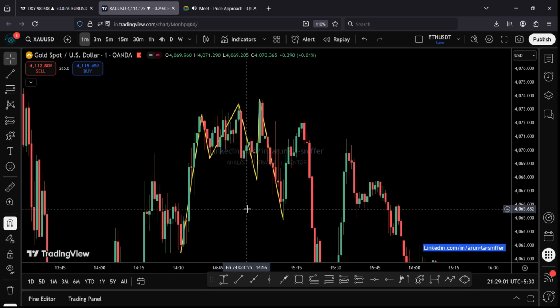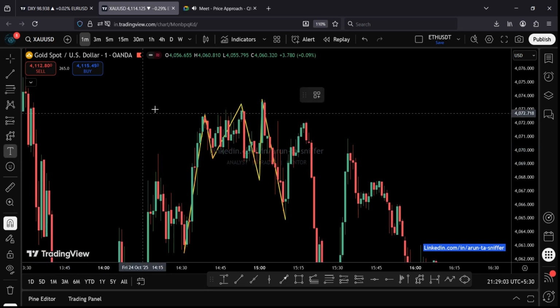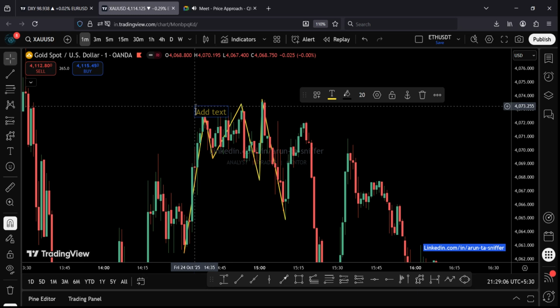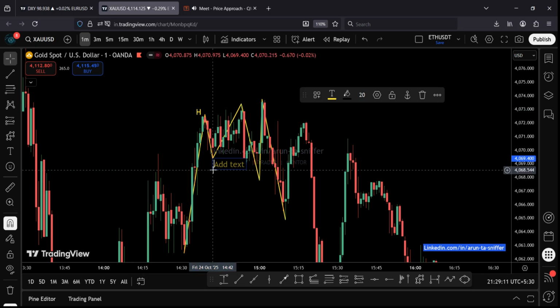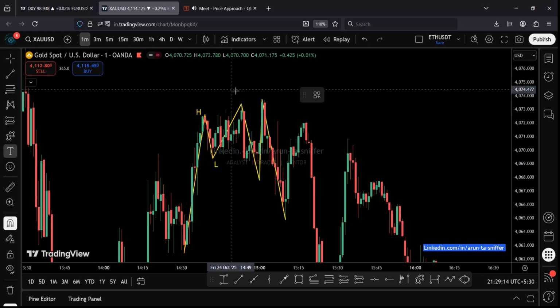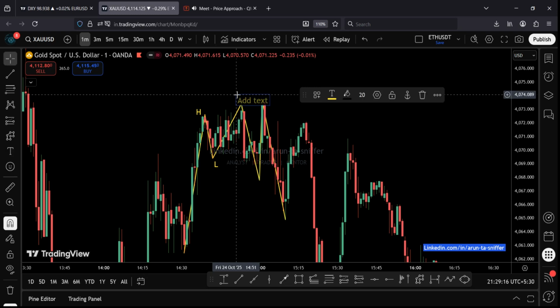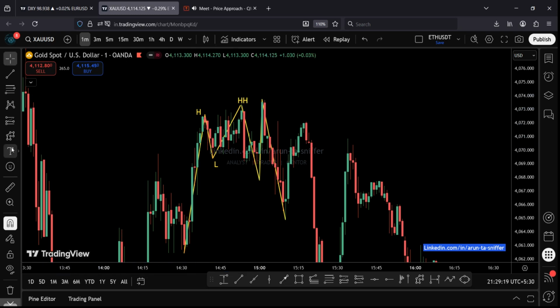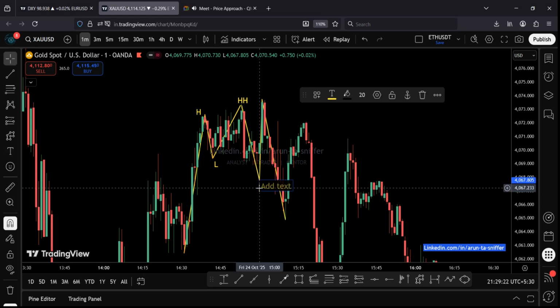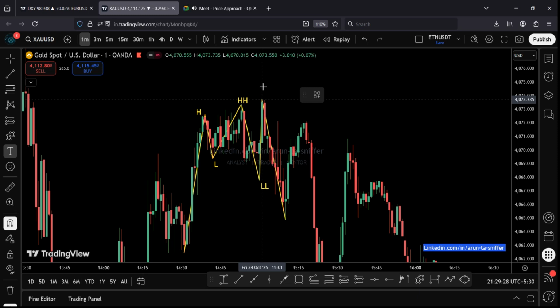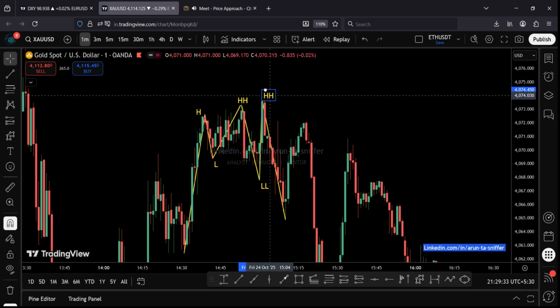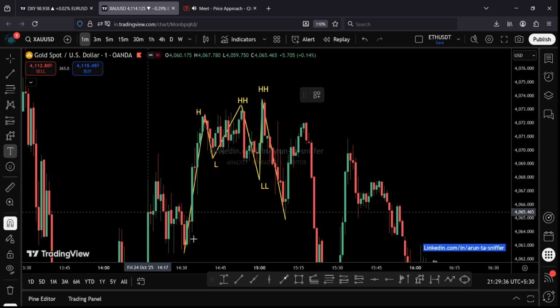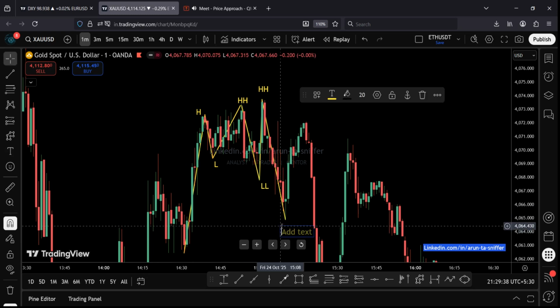So let's label it. This makes high, low, higher high, lower low, then again makes a higher high, and then lower low.